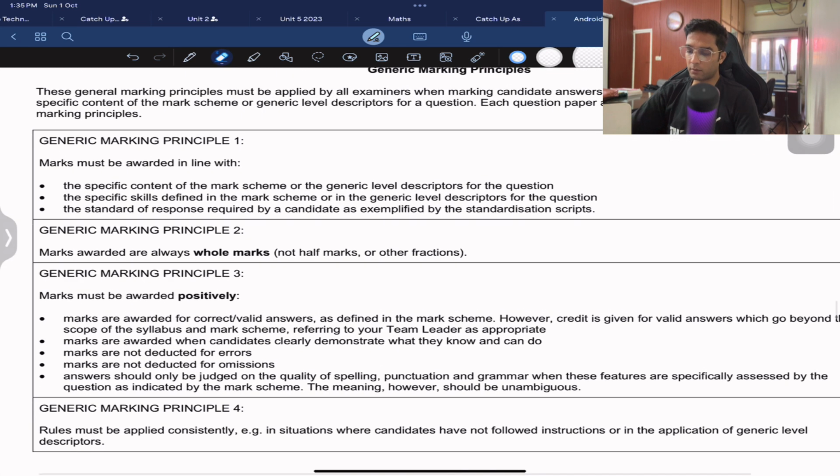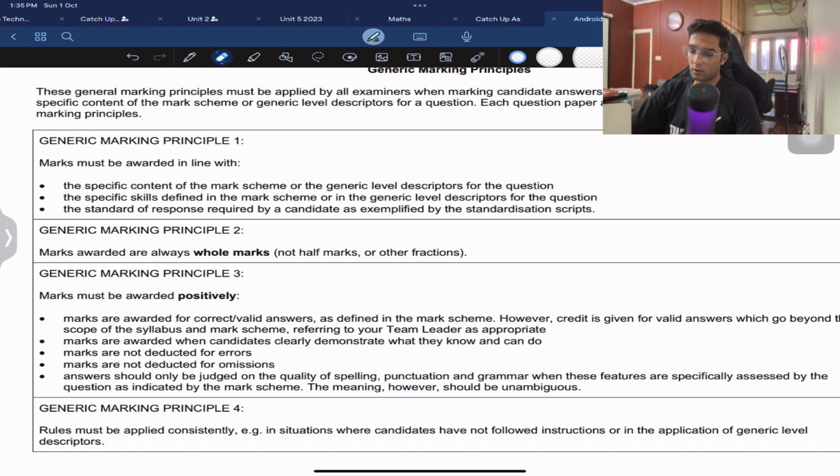They've said that the marks must be awarded in line with the specific content of the mark scheme or generic level descriptors for the questions. Specific skills defined in mark schemes or generic descriptors for the questions. The standard of response required by candidate and exemplified by standardized scripts.